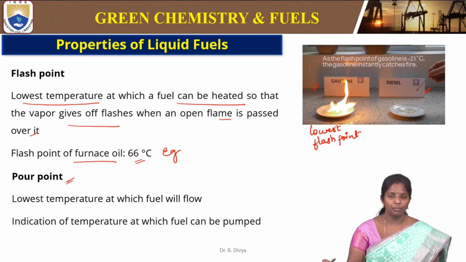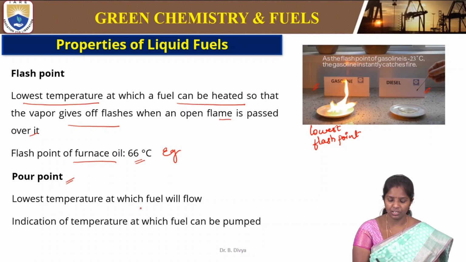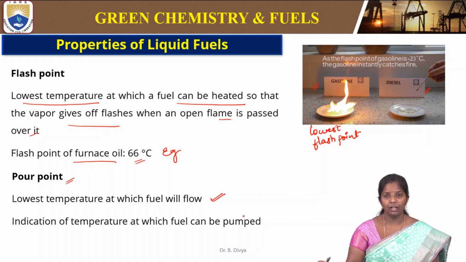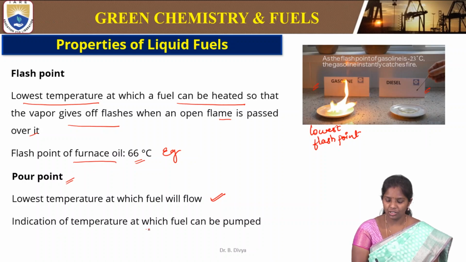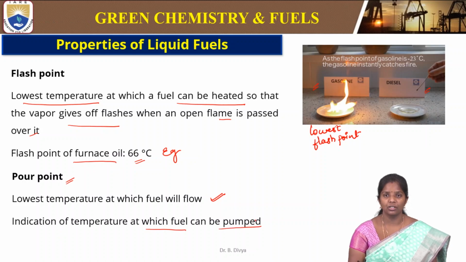Then pour point. Pour point is the lowest temperature at which fuel will flow. It is the capability of the fuel to flow, the temperature at which the fuel starts flowing. It is an indication of the temperature at which fuel can be pumped. In petrol pumps, there is a flow of the fuel into the automobile.